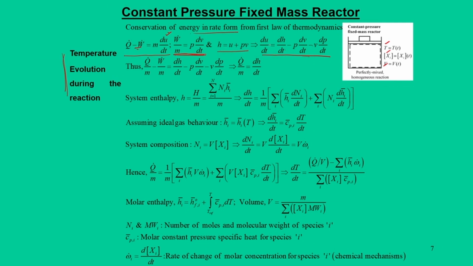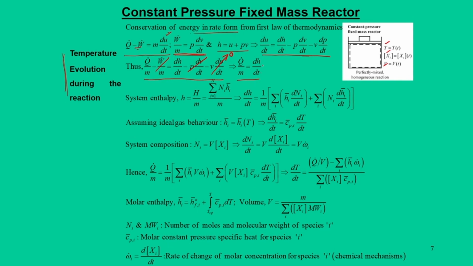Now, putting these two terms in these equations, the W dot by m and P dV terms vanish, they get cancelled from both sides, and since it is a constant pressure reactor, the dP by dt term goes to 0. Then q dot by m takes the form dH by dt.